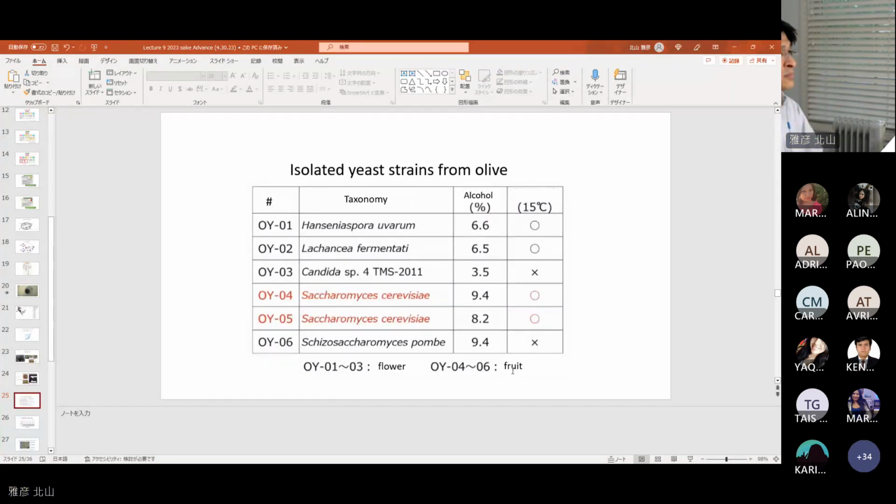So they kept these two strains of Saccharomyces cerevisiae, but they did not have confidence in these two, because the alcohol level they can produce was not high enough to compete with the other bacteria which caused contamination.